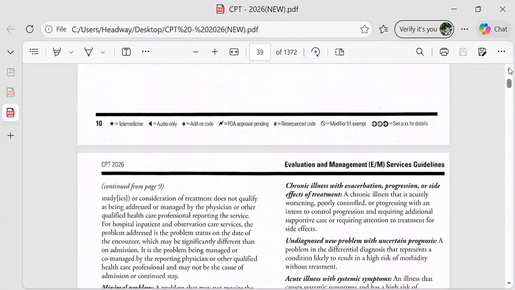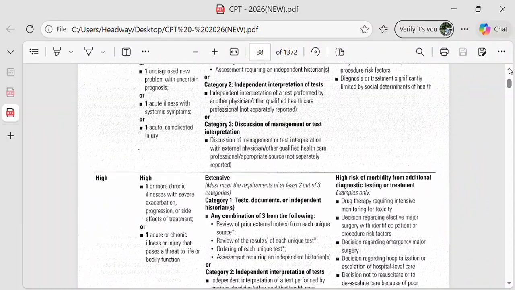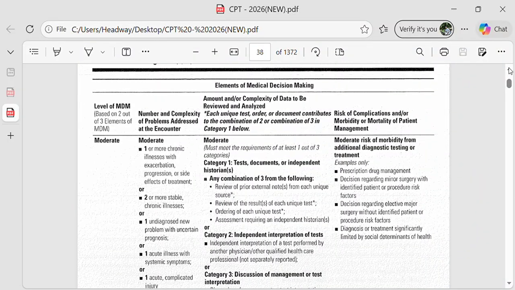Just wait for 1 minute. I'll show you the table. So see, this is the elements of medical decision making.